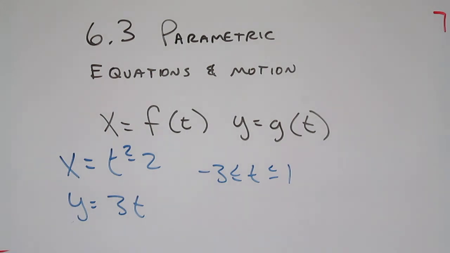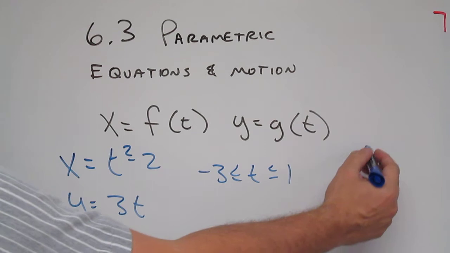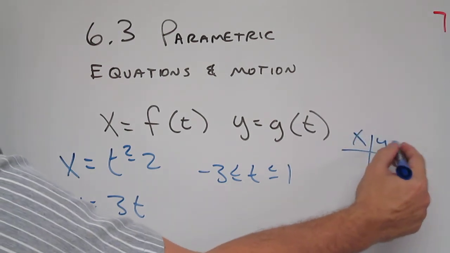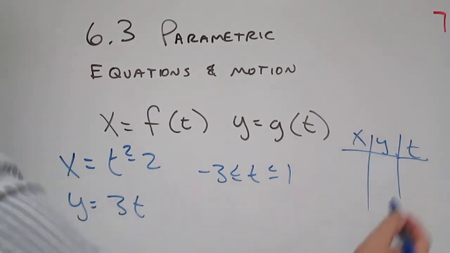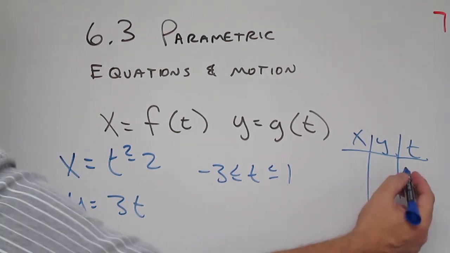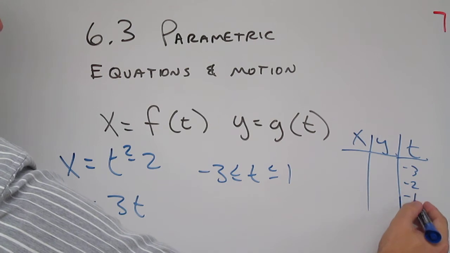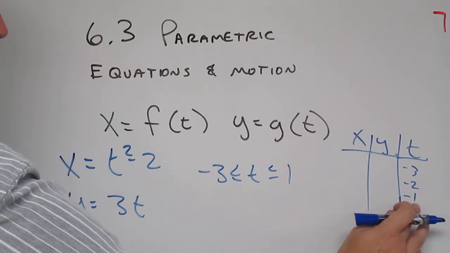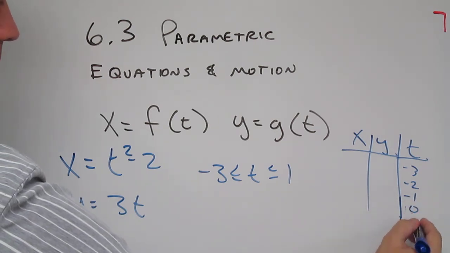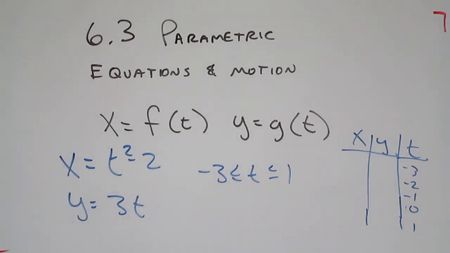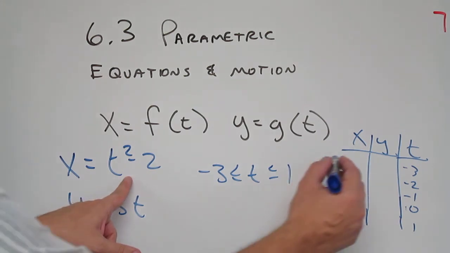So if I wanted to graph something like this, I could just go ahead and set up a chart and have what x and y are based on what t is. If I pick some values of t, of course it's all the real numbers between -3 and 1, but I'm just going to take the whole numbers just so you have an idea of what I'm trying to do here. If I plug -3 in here, I'd get -3 squared, which is 9 minus 2.